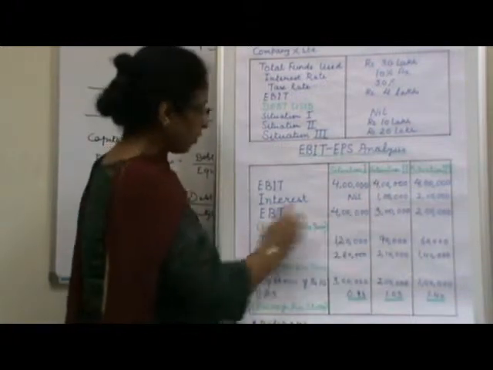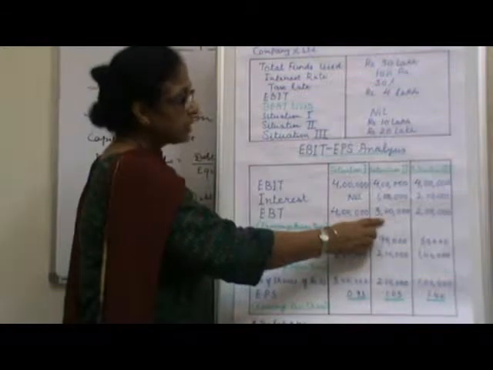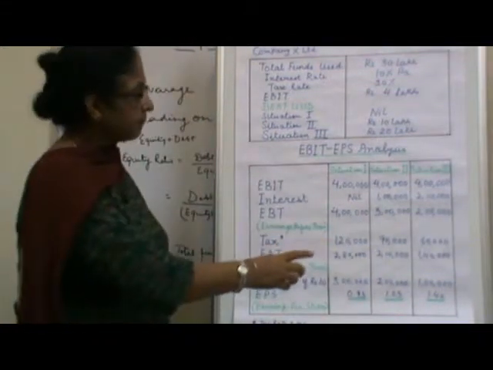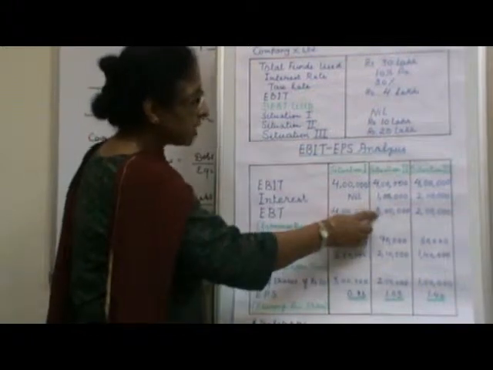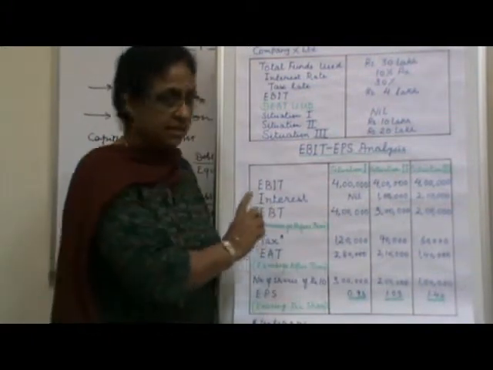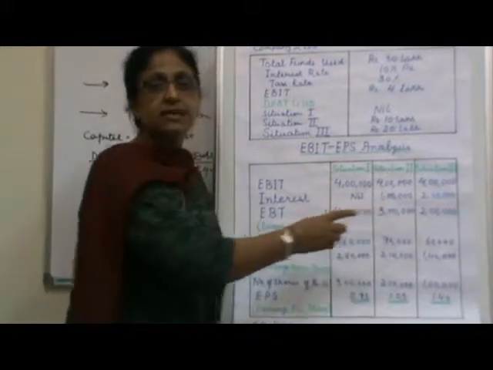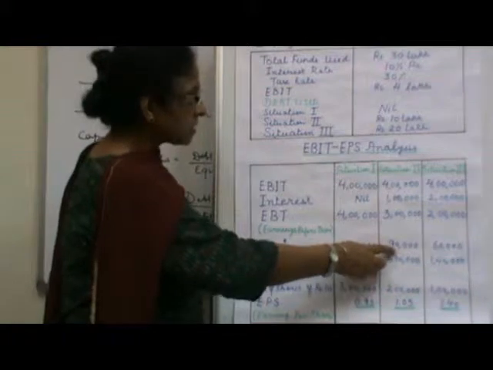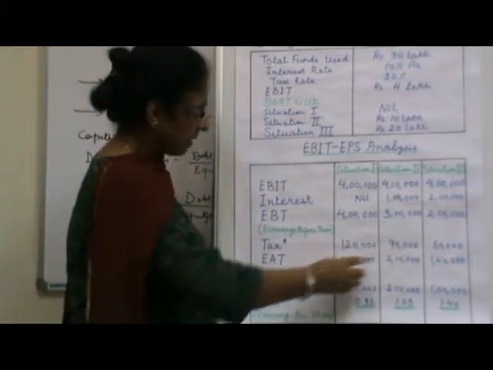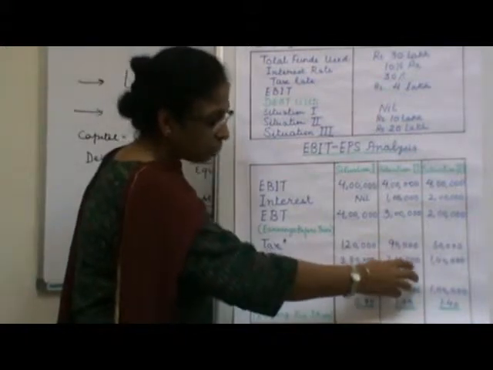So the remaining profit, earning before taxes, is 3 lakhs. We pay tax on these 3 lakhs, not on 4 lakhs as in the first case, because interest is taken as a tax deductible expense. That's why the tax calculation comes less here, and the earning after tax is 2,10,000 rupees.